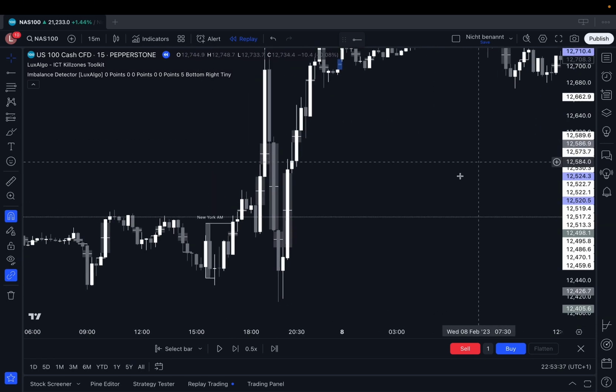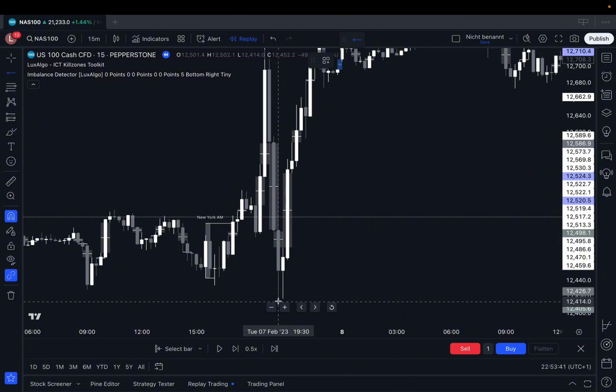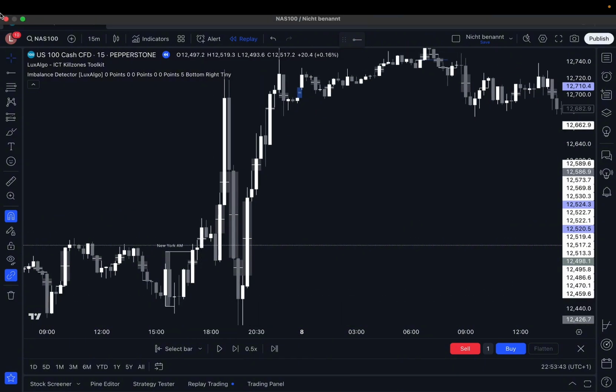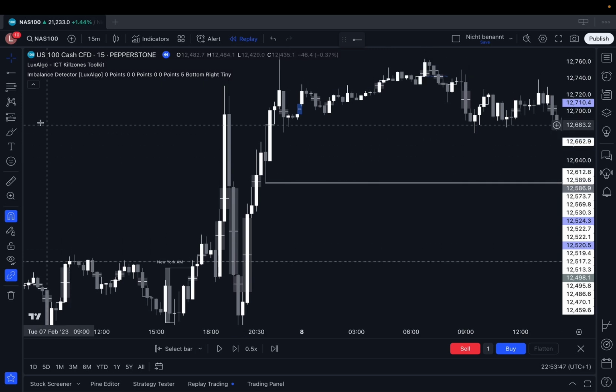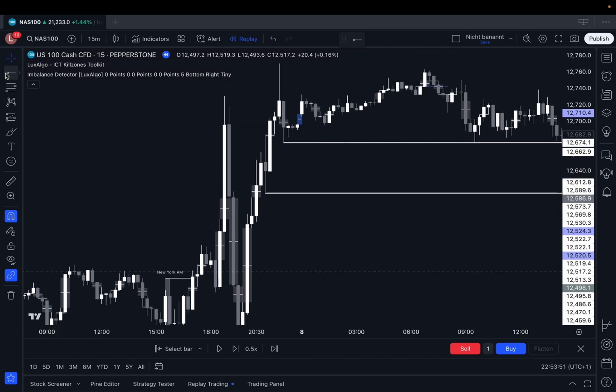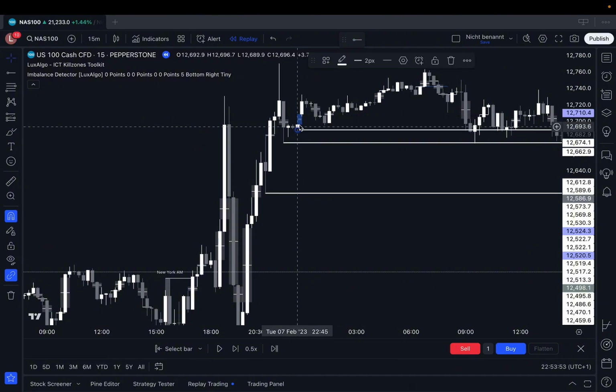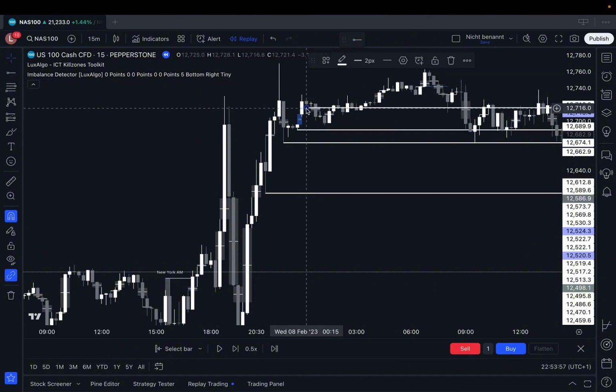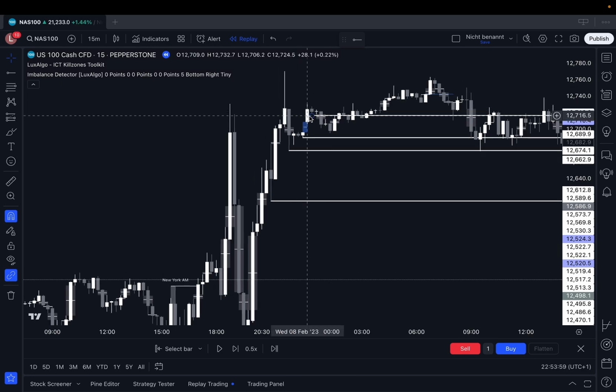So we have the first low, then we have another low, then another low, here's another low, and then suddenly this low breaks structure.